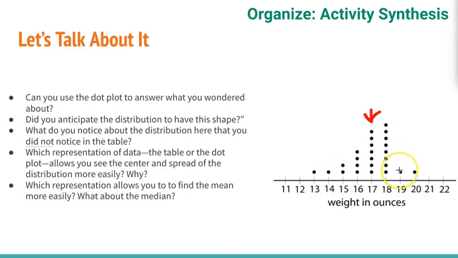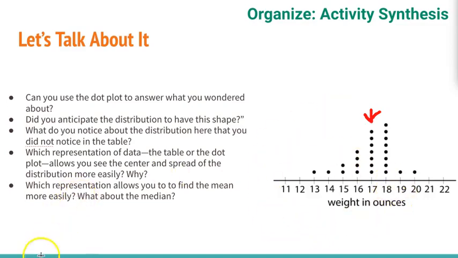Was it as easy to find the mean, do you think, with this as compared to the other? I think you can make the argument either way, that the table was easier to find the mean, especially since it was in order. If it wasn't in order, maybe it really wouldn't have mattered, because by the time you made the dot plot, you could have just found the mean.